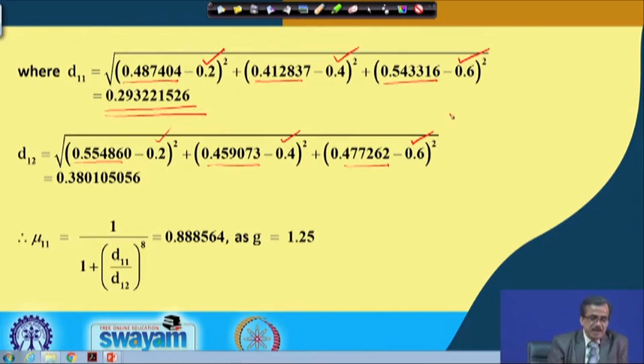So very easily I can calculate d12, and that is 0.38010505056.